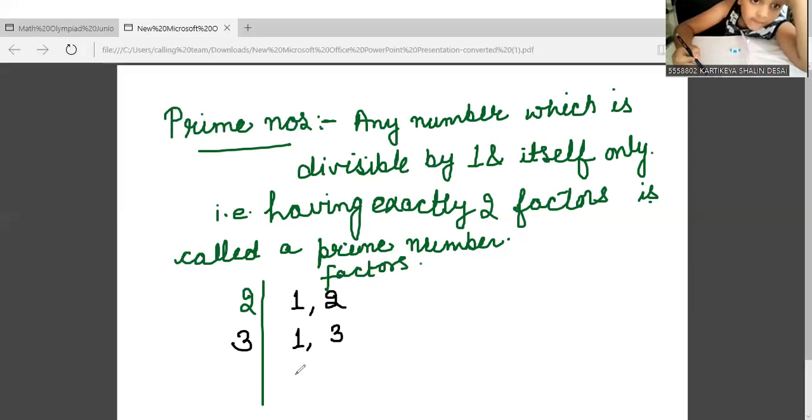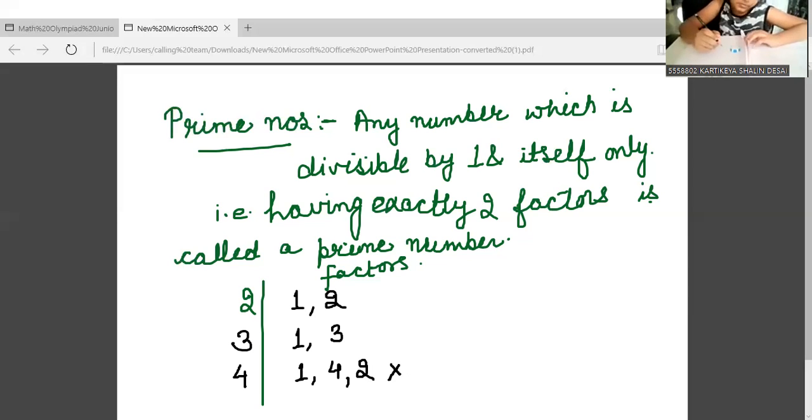If we take 4, 1 and 4 are automatically factors, because 1 and the number itself are always factors of the number. So except these two, do we have any other factor of 4? Yes, 2. So can you say this will not be a prime number? Yes, exactly. This is a prime number.